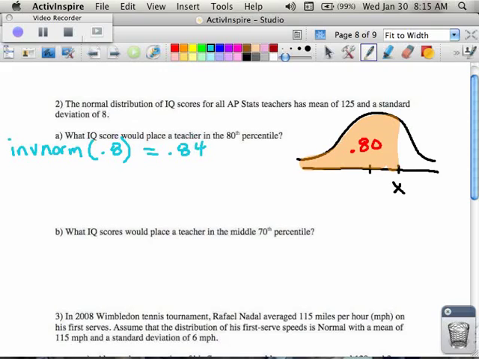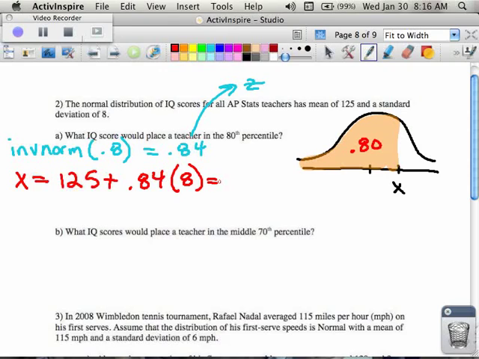So this is my z. And then, in order to figure out what my value is, I know that my x will be my mean, whatever that was, which was 125, plus 0.84 times my standard deviation, which was 8, and I get approximately 131.73.